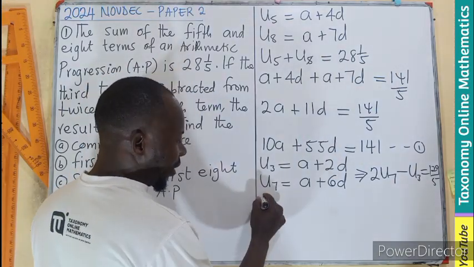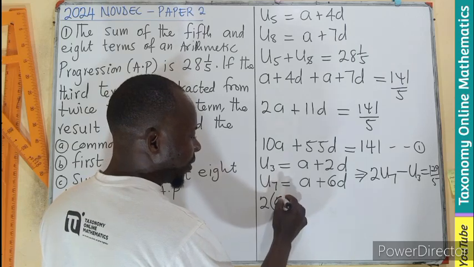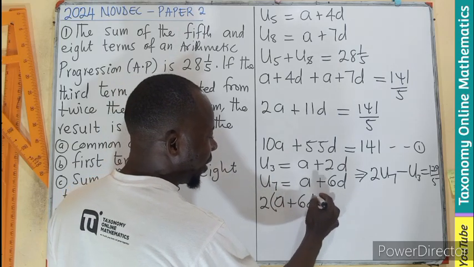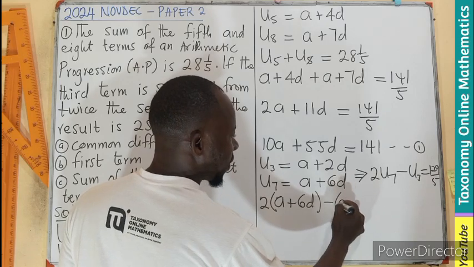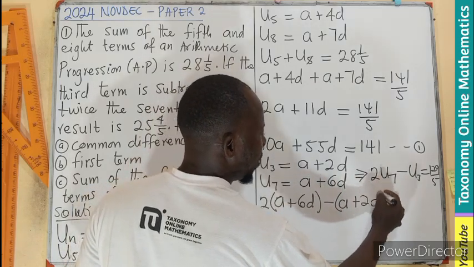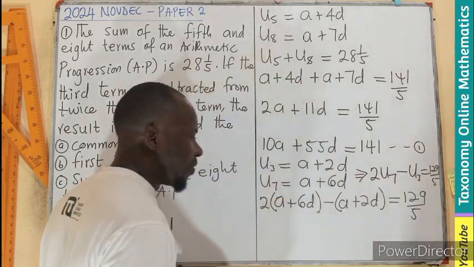By substitution, we have 2 into bracket the seventh term, which is A plus 6D, minus the third term, which is A plus 2D, all equals 129 divided by 5.